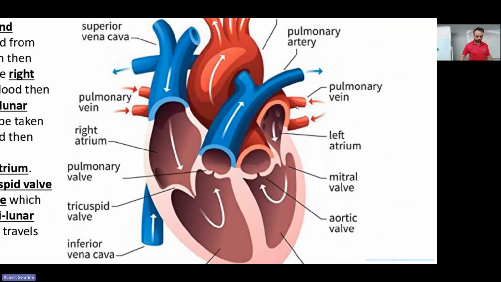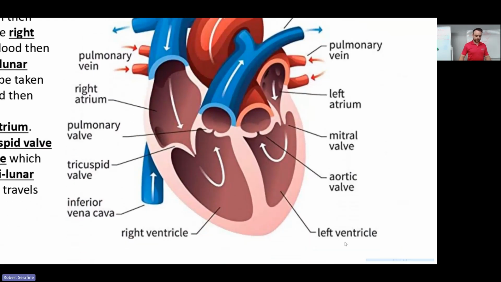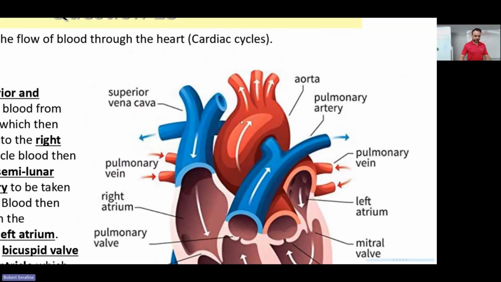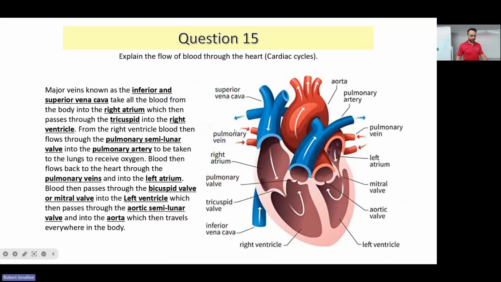The pulmonary veins are bringing blood back to the heart, going into the left atrium, passing through the mitral, aka bicuspid valve, into the left ventricle, passing through the aortic semilunar valve into the aorta, which then goes through the rest of the body. And that is how it works.